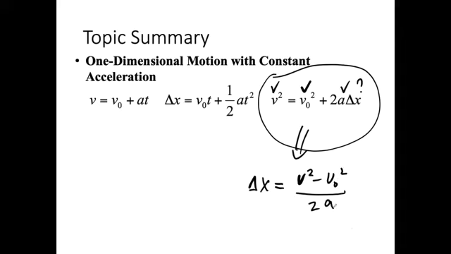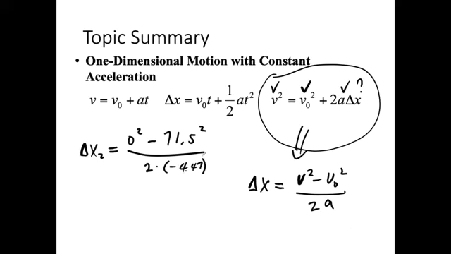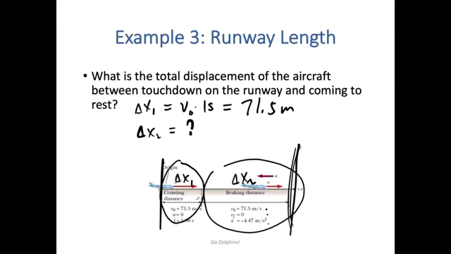Plugging in all the numbers, it gives us delta x2 equals 0 minus 71.5 squared, over 2 times acceleration, which is 4.47. Plugging all the numbers into your calculator, we should find 572 meter.